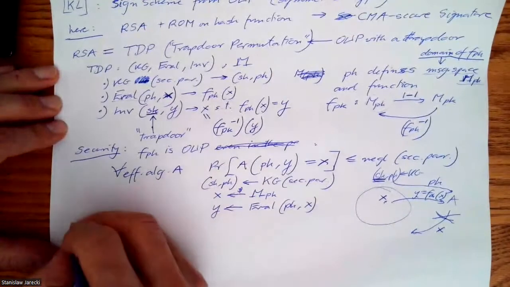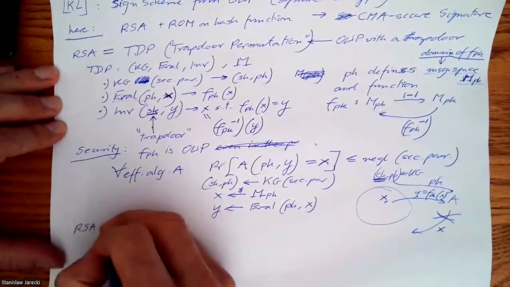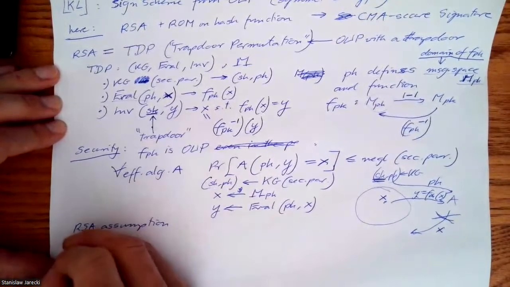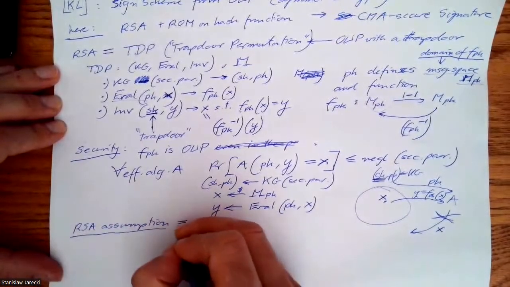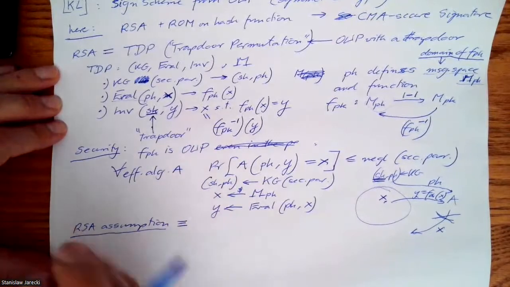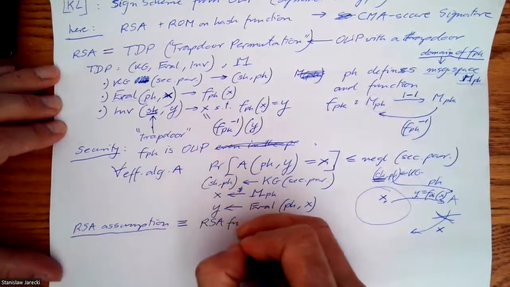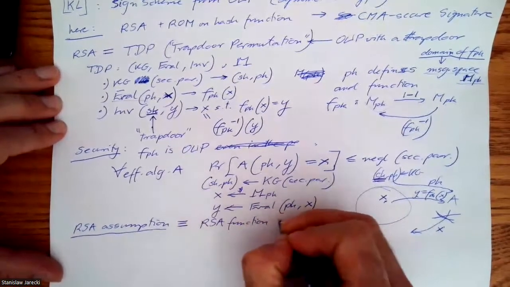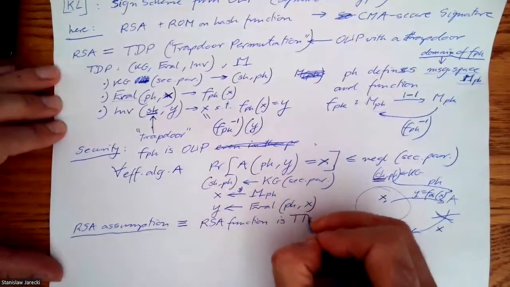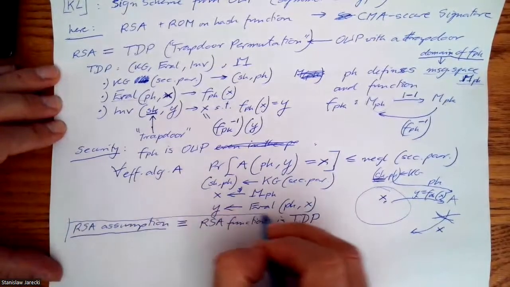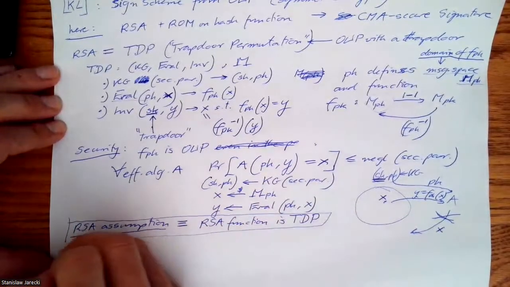The RSA assumption is essentially, it's exactly the assumption that the RSA function is a secure trapdoor permutation. Okay, so that is the RSA assumption.